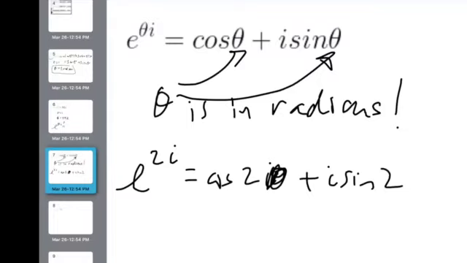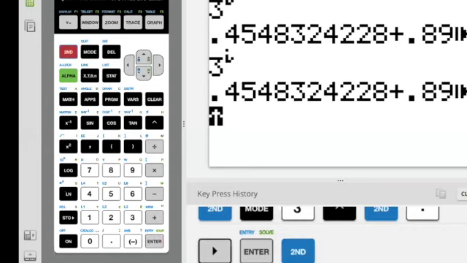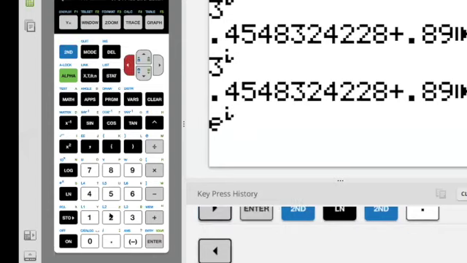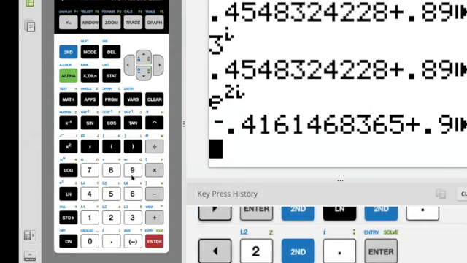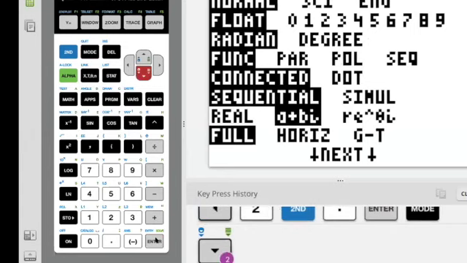I'm going to do stop share, and then screen share and come back over here. I'll show you that if I do second ln is e to the, and then 2i power, 2 second decimal point. And if I go to mode, I'm in radian mode, my calculator is defaulting, but put yourself into radian mode.